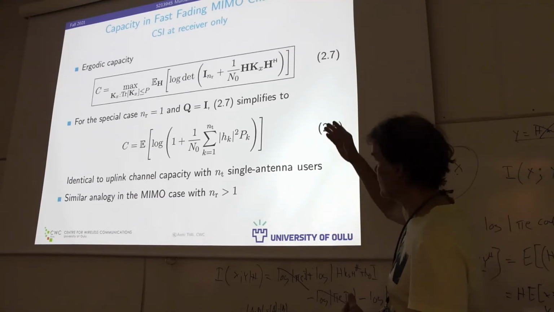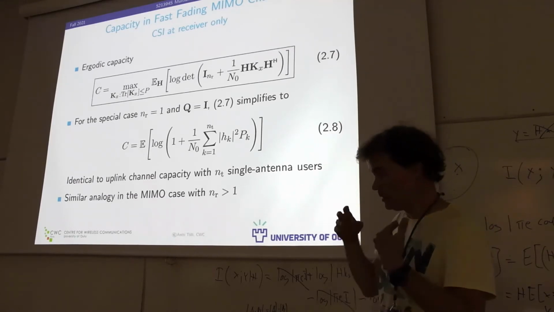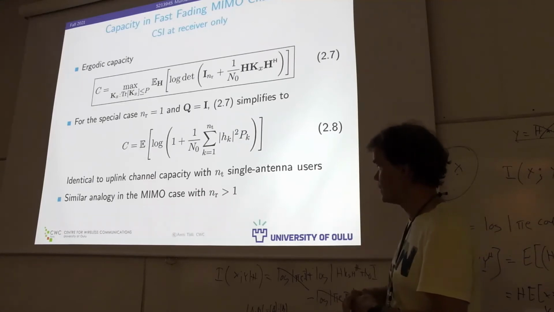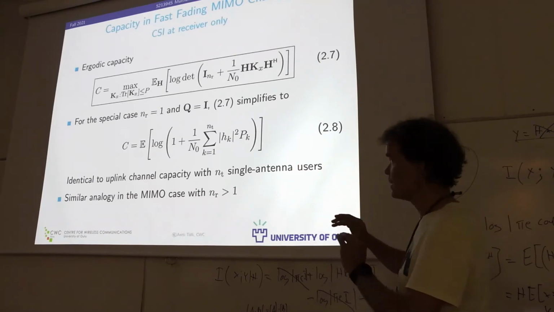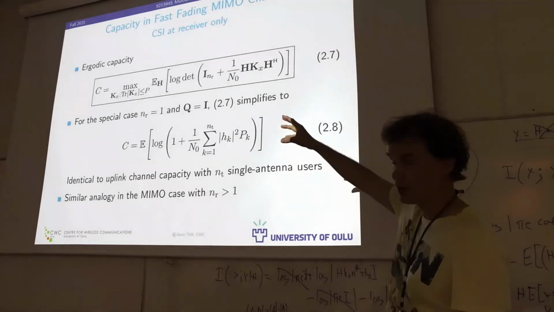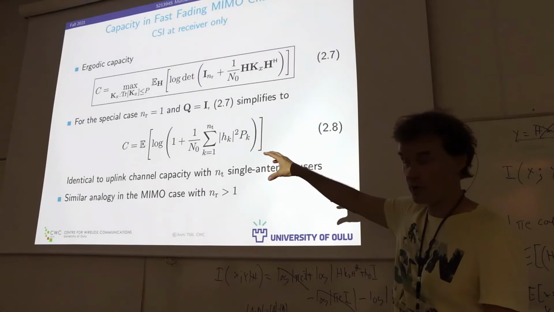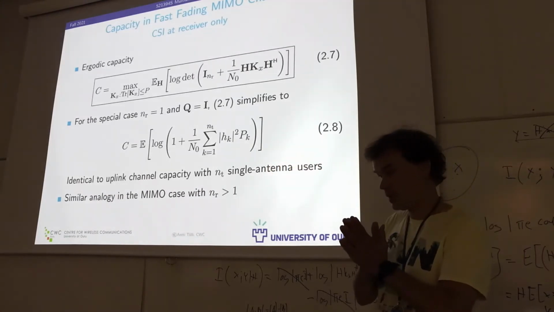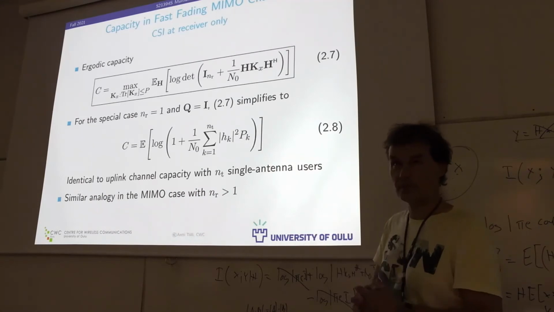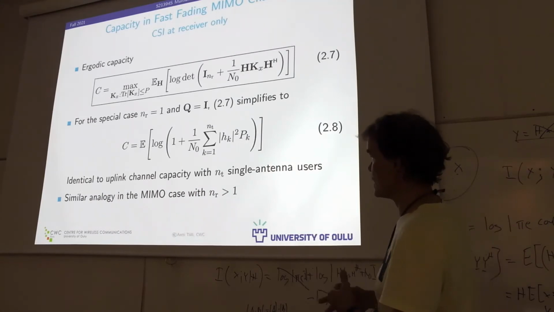In practice, when we try to come up with practical schemes that are close to capacity achieving, the optimization over covariance matrices or powers is carried out over a fixed time interval, given a fixed channel.